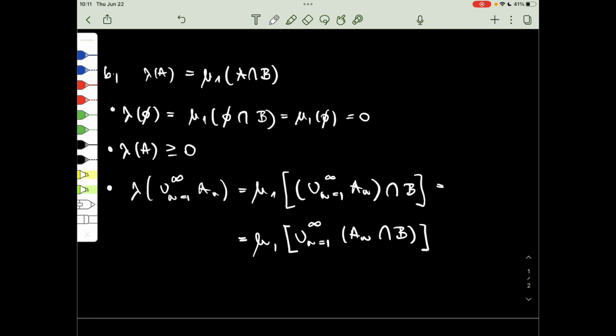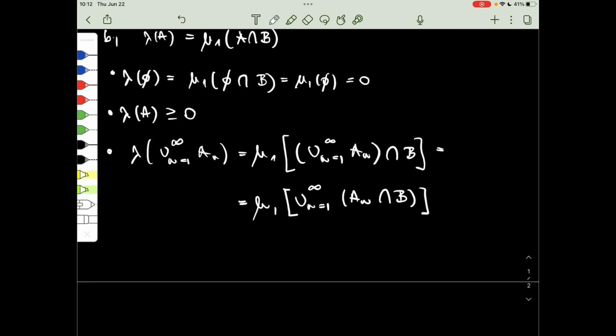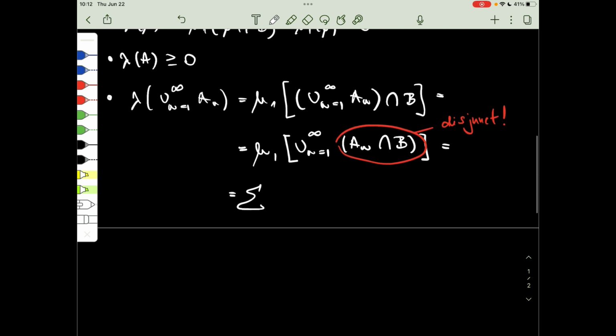So instead of the intersection of a set and the union of sets, we can write the union of intersections, and here we use the fact that these sets are disjoint sets.